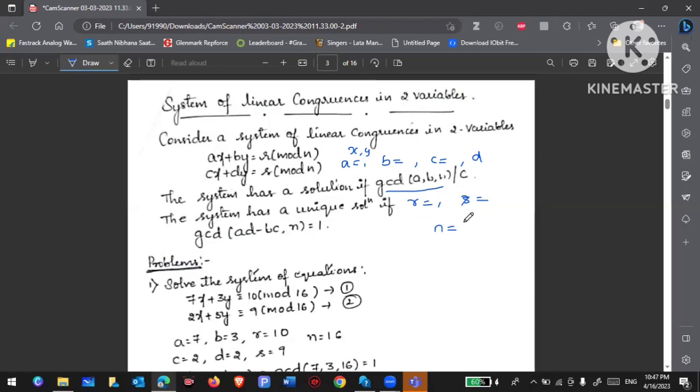The n value we already have. So if the GCD of these two numbers is equal to 1, then we'll say the system has a unique solution. Let us go to the problem, then we will understand clearly.